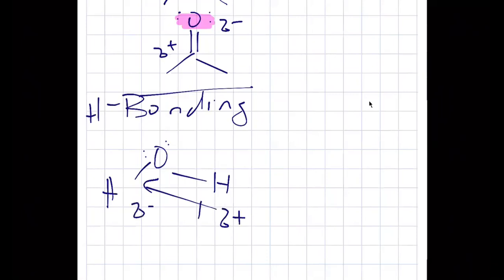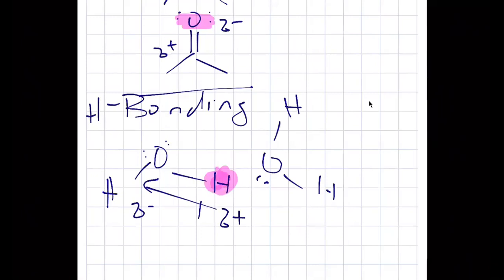And then another oxygen from another of the same molecule. Keep in mind, we're talking about intermolecular forces, right? So you have another molecule that's coming in, in the same flask, and the lone pair on that molecule is going to be attracted to this partial positive on hydrogen.